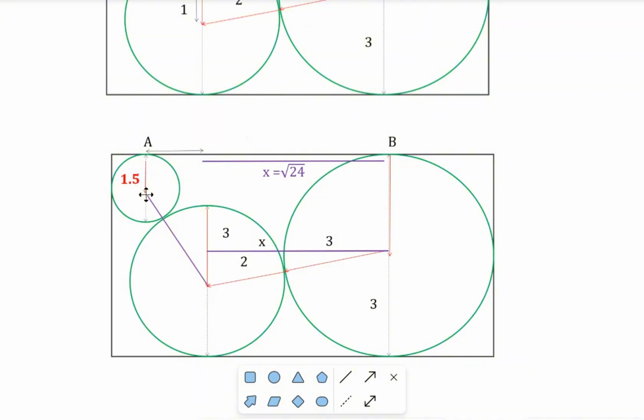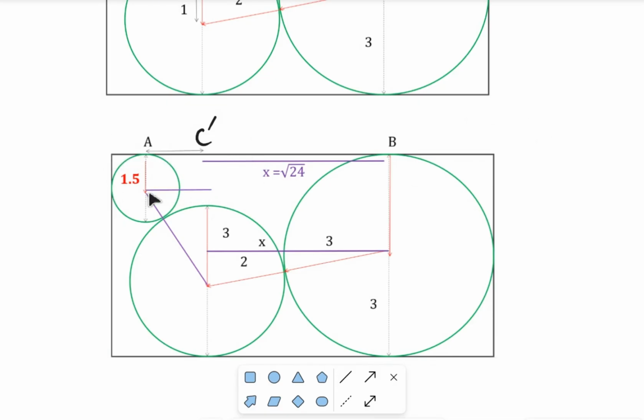And as our main target right now is to determine AC prime, we have to draw a line parallel to AB, exactly similar to AC prime and parallel as well.